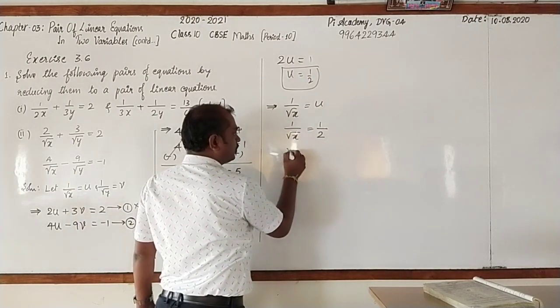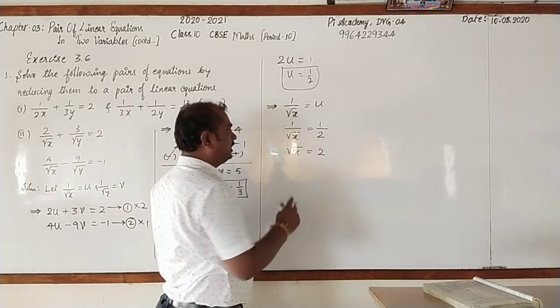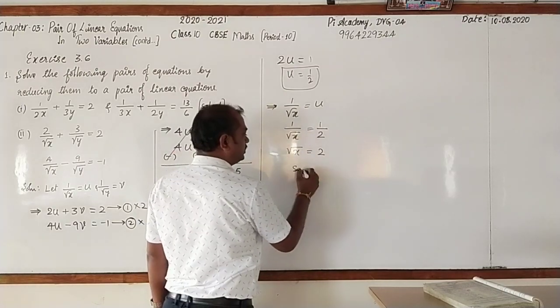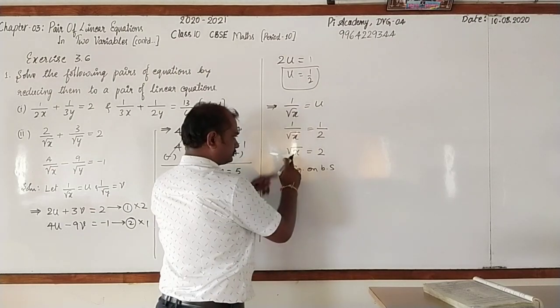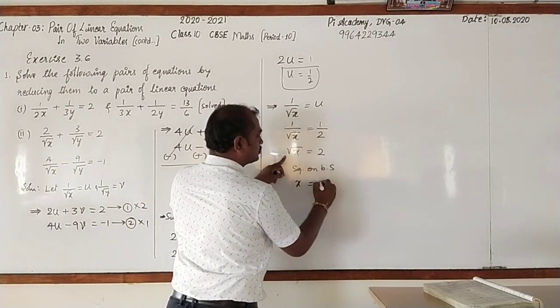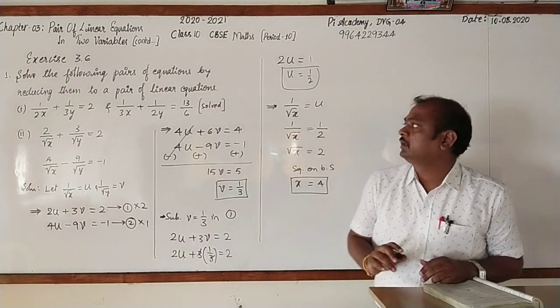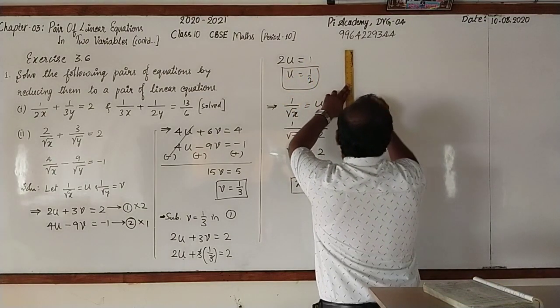It is root x is equal to 2. But we want only the value of x. To remove that root, we will go for squaring on both the sides. Then the root gets cancelled, x is equal to 2 square, which is 4. Did you understand?